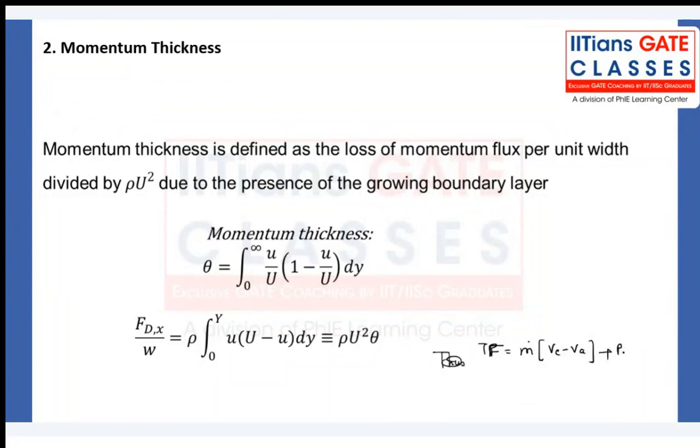Tell me guys, is some other term also there, or is this sufficient? Will this be sufficient to provide the thrust force? Perfect. PE minus PA into area at the exit, that term will also be there.